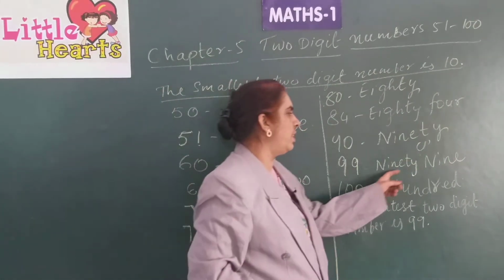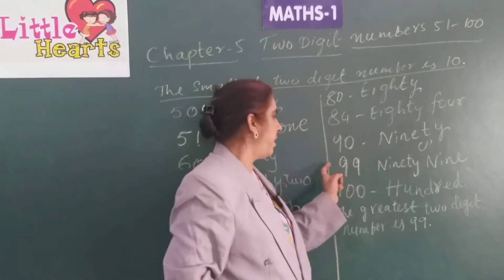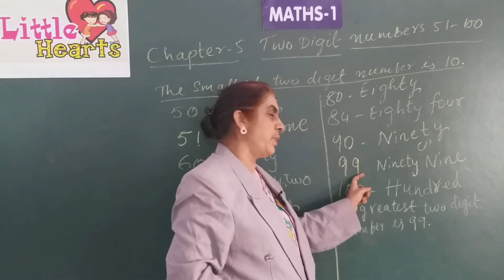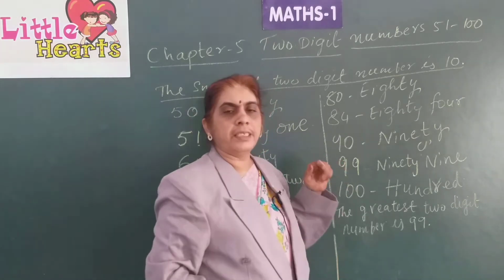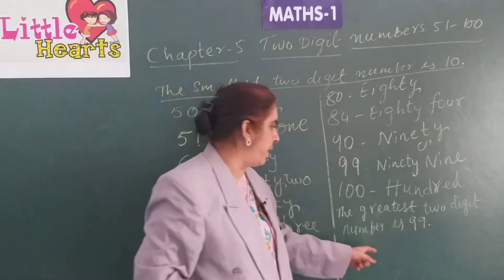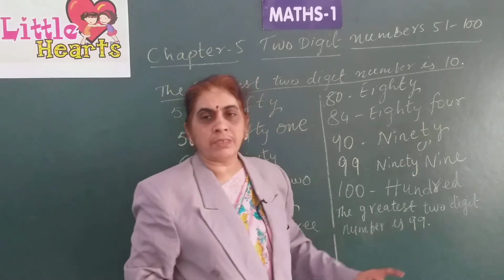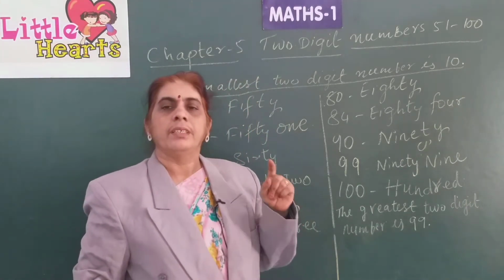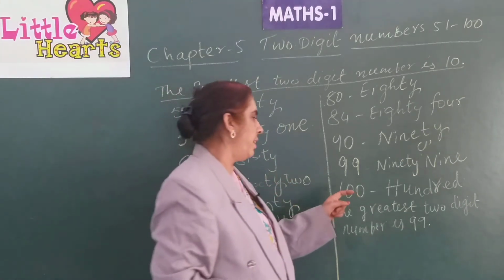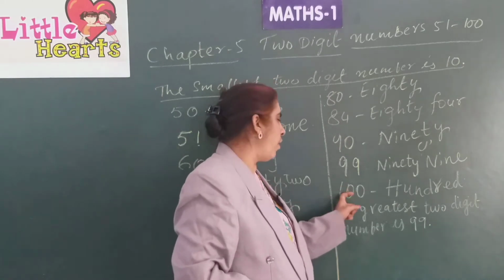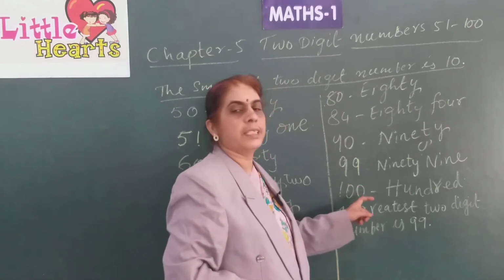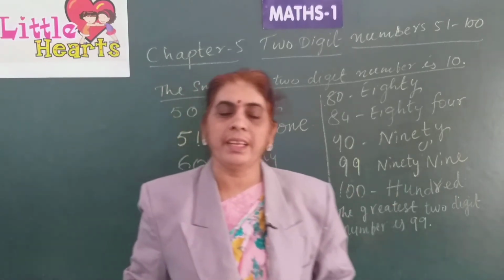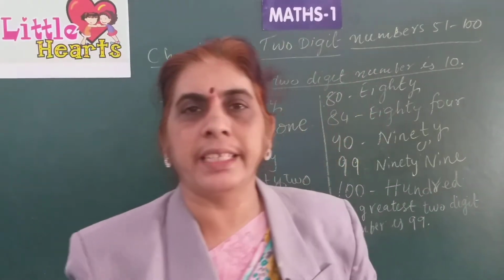NINETY NINE, 99, 9 in the ones, 9 in the tens. And 99 is the greatest two-digit number. Next comes the three-digit number, that is 100, written as 1 followed by 2 zeros. Its spelling is HUNDRED.